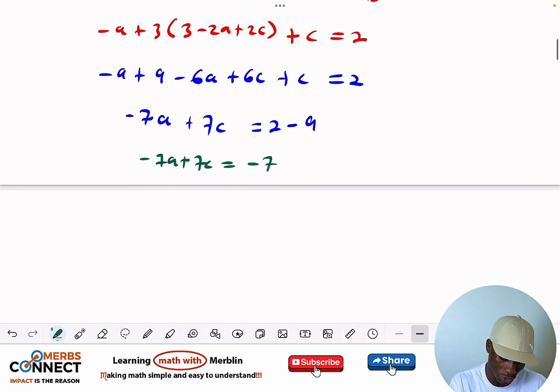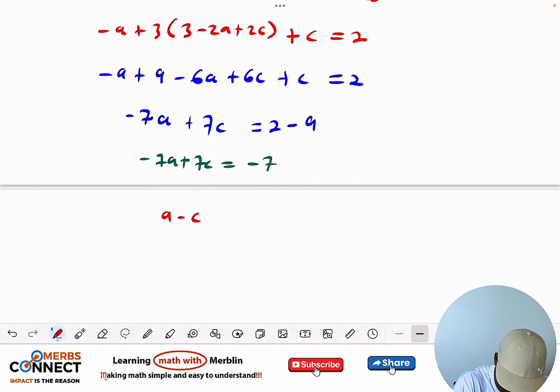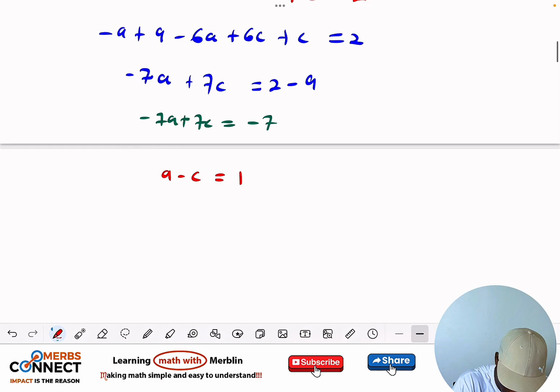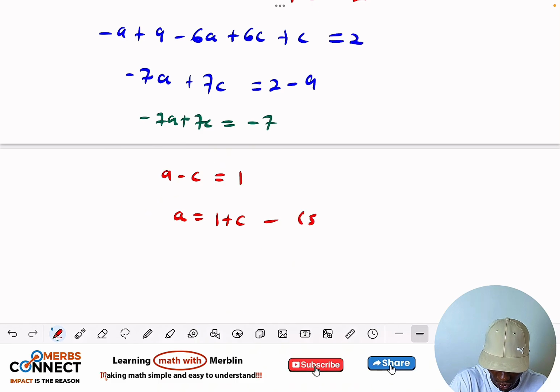Then I'm going to divide through by minus 7. So when I do that, I'm going to have a minus c is equal to 1. So a will be equal to 1 plus c. Let me call this equation 5.